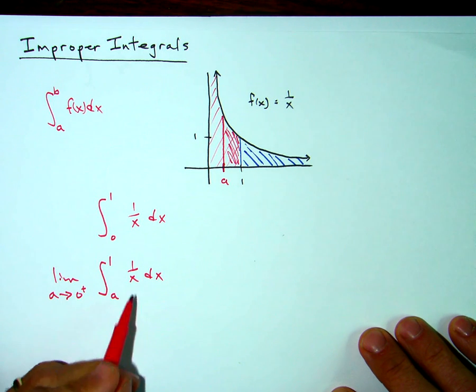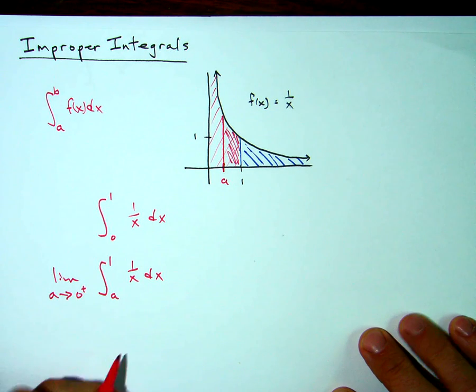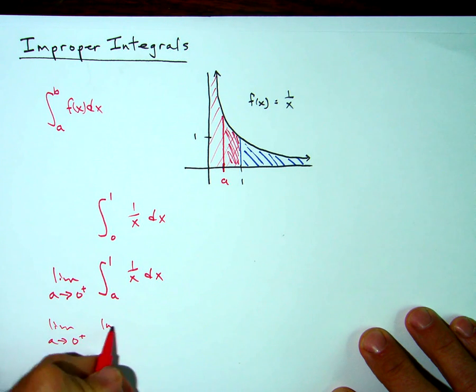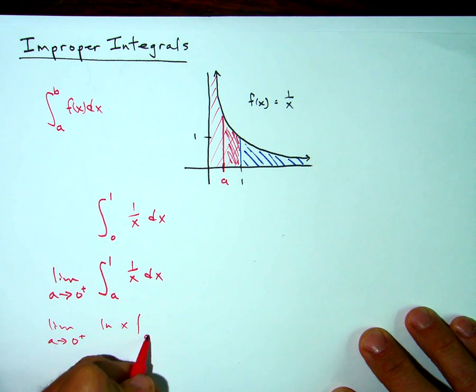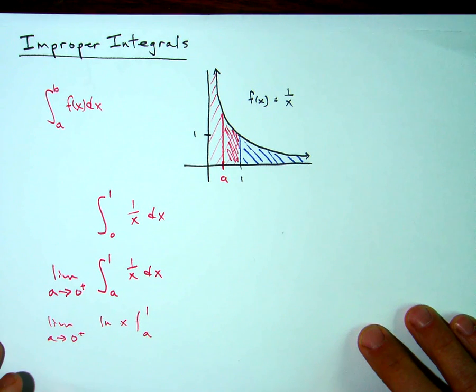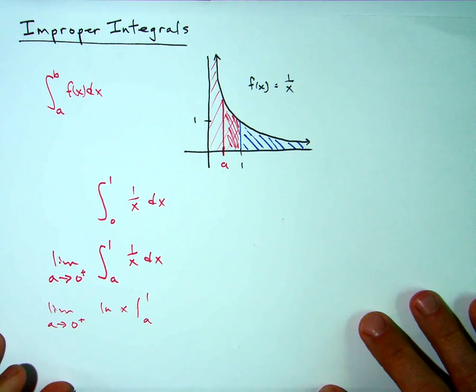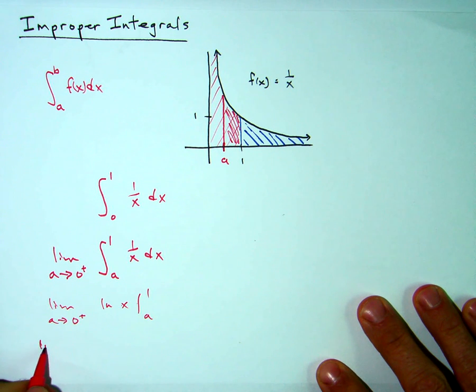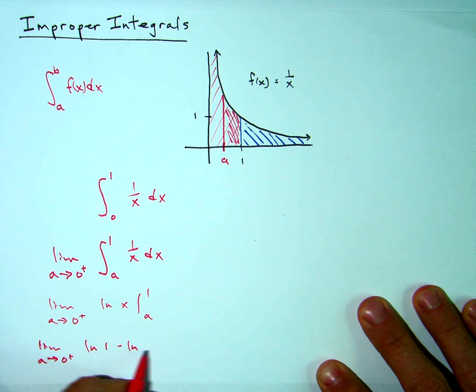We know the antiderivative of 1 over x is natural log, so I'm going to have the limit as a goes to 0 from the right of natural log of x, evaluated from a to 1. So we've got the limit as a approaches 0 from the right of natural log of 1 minus natural log of a. Natural log of 1 equals 0, so it's just a matter of evaluating this.